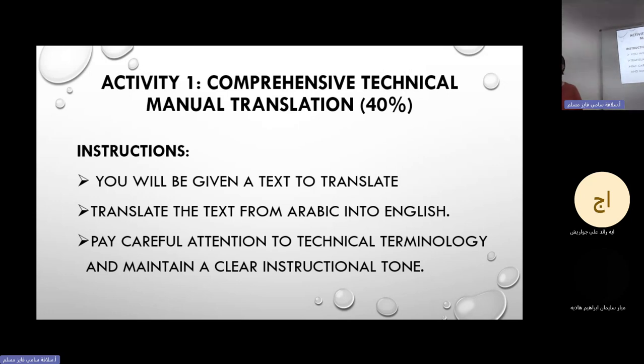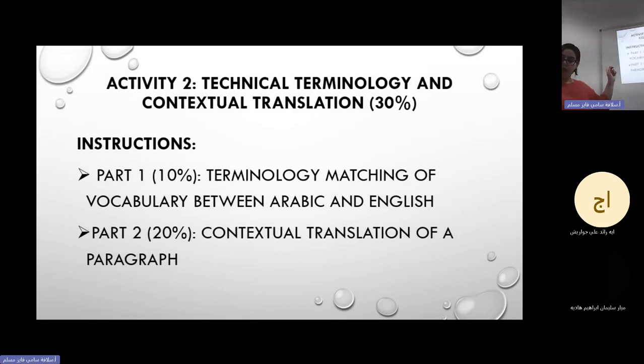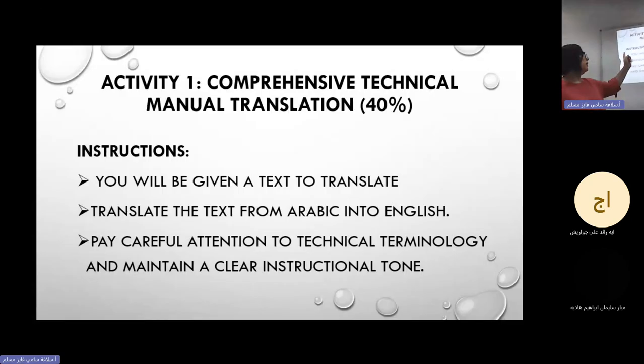Okay, so you have to be very specific, you have to be accurate, and you have to do lots of internet research on these vocabularies, okay? And this one is the correct grading. It counts for 40% of your grade, okay?